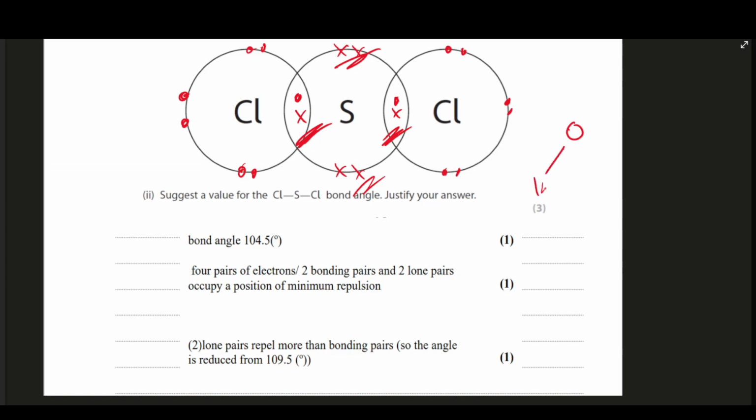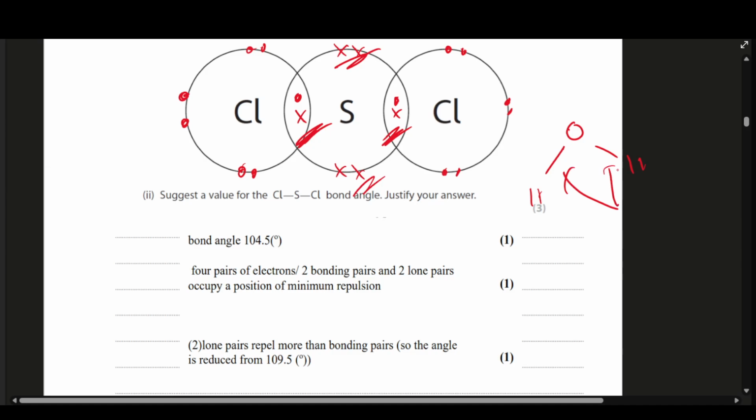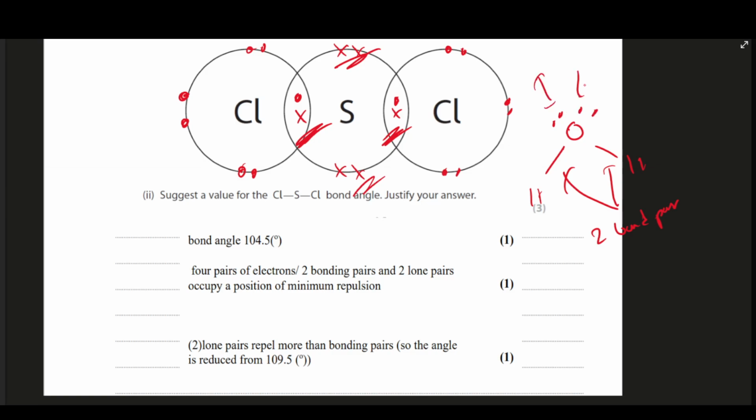In water also we saw that there were two bond pairs and two lone pairs. So this resulted in the angle of 104.5 degrees. So by resembling the structure of water, we can suggest a bond angle for this Cl-S-Cl bond. So you have two lone pairs and two bond pairs.